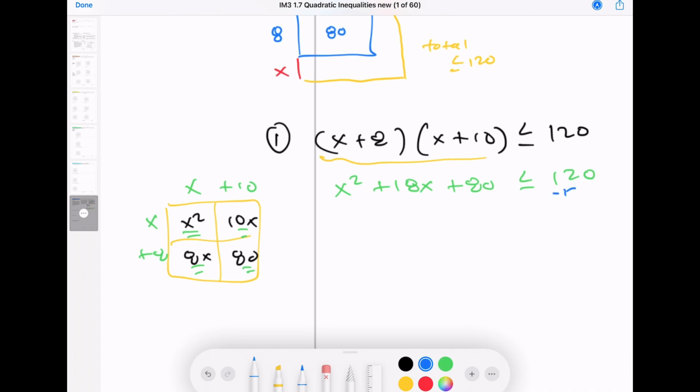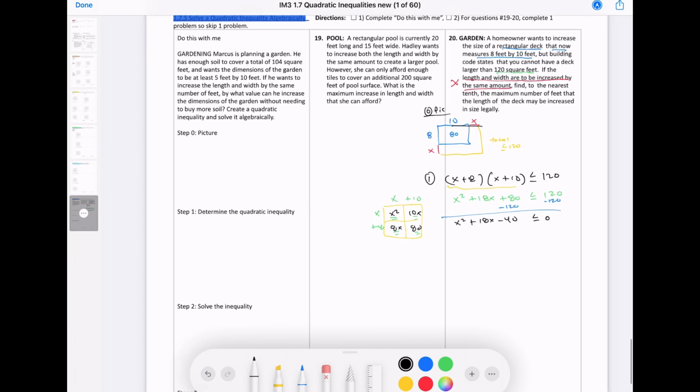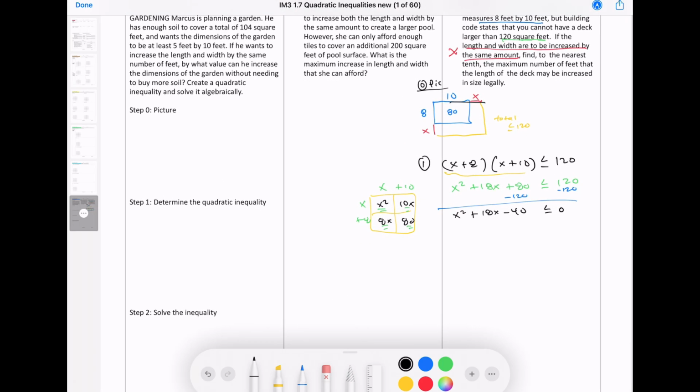All right, I'm going to subtract 120. x squared plus 18x minus 40 is less than or equal to 0. So now what we're trying to do here is we are doing solve. So this is right, and this is now solve.